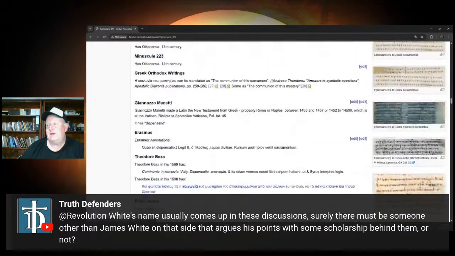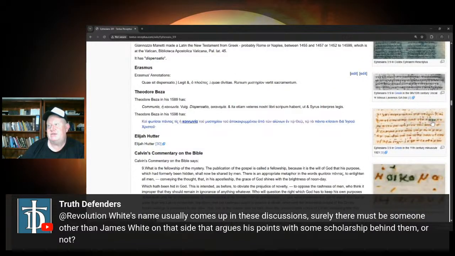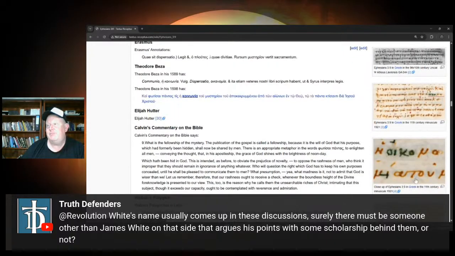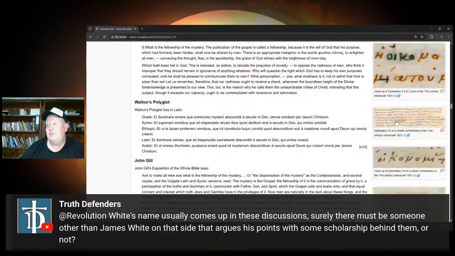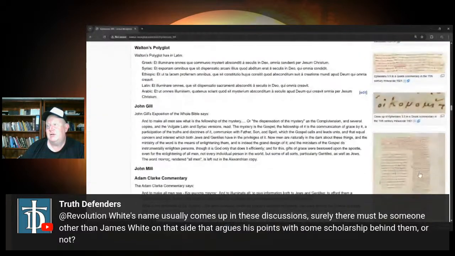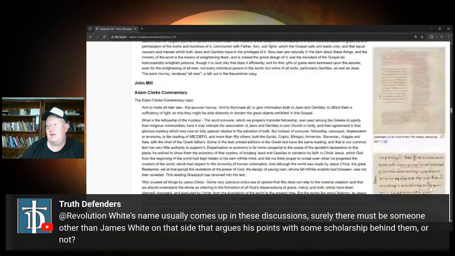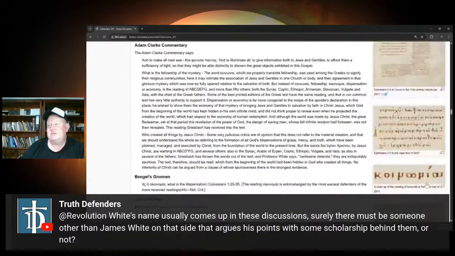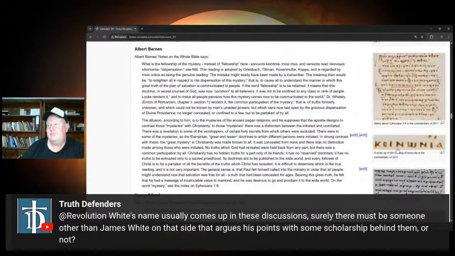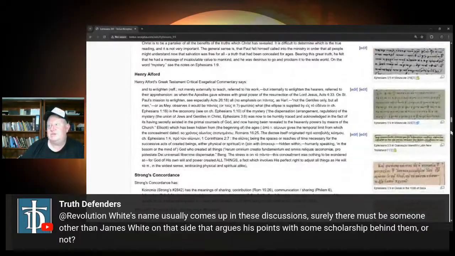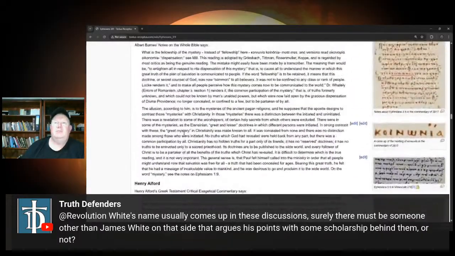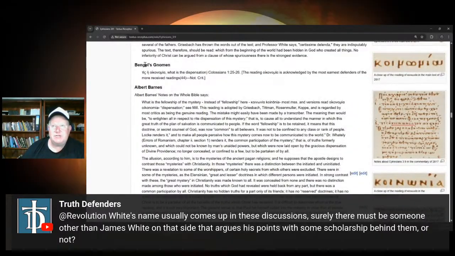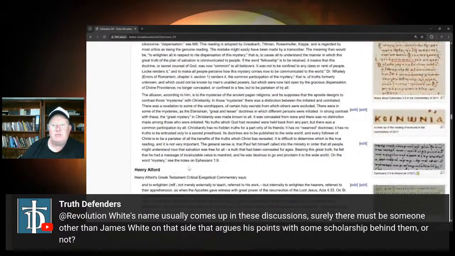We've got manuscripts which have been corrected to read oikonomia, which they formerly read koinonia. We have oikonomia here where it has koinonia in the text. For this type of information, I'm usually looking at contras, Bengel, Albert Barnes, Henry Alford.